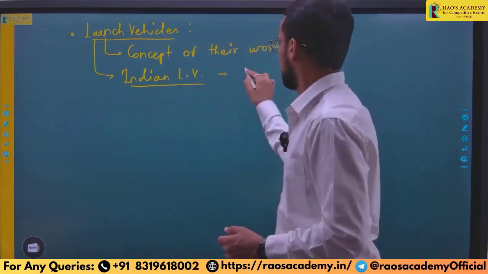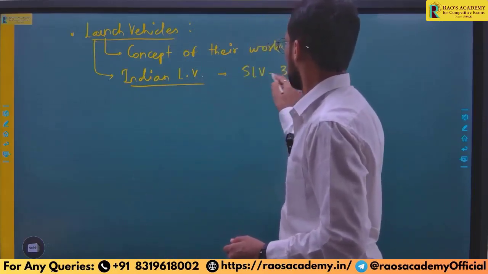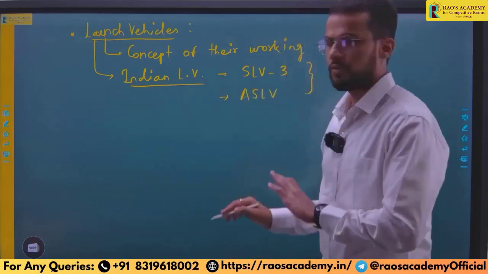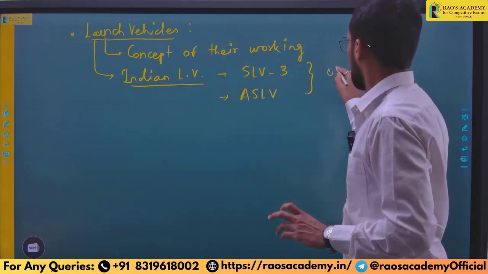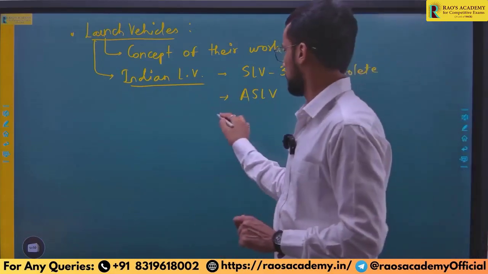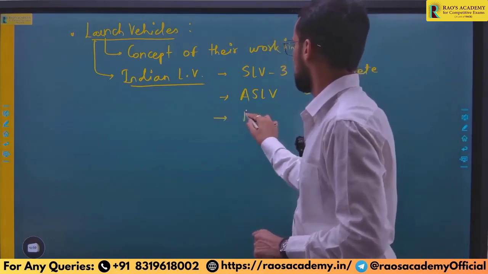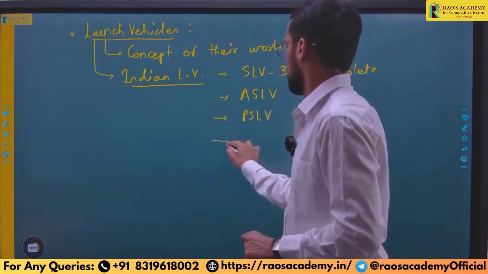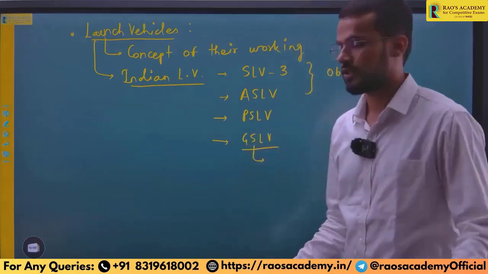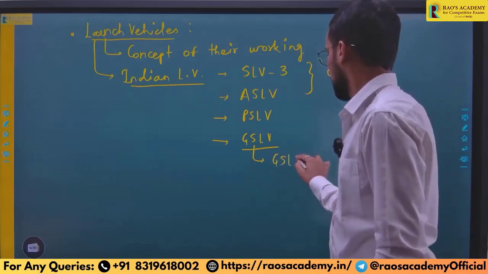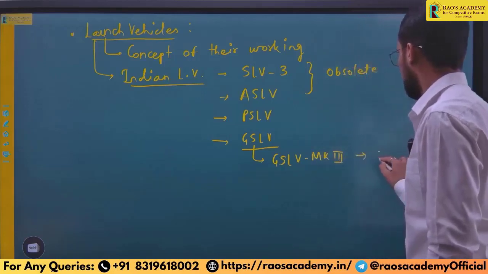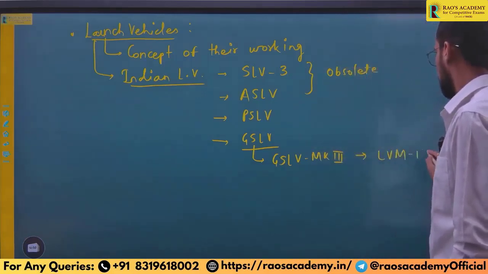Then you should also be aware of Indian launch vehicles, like SLV3 and ASLV. These two we do not use anymore; they are obsolete. Then we also have PSLV, then GSLV, and the most important version of GSLV, which is GSLV Mark III, which has now been renamed LVM3.